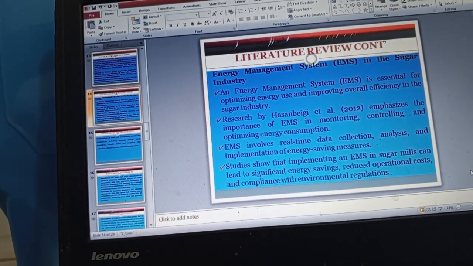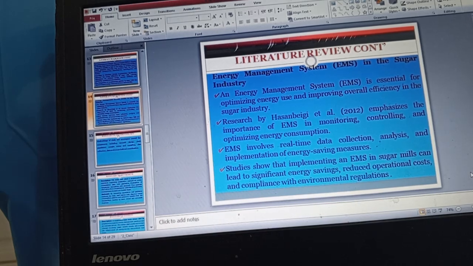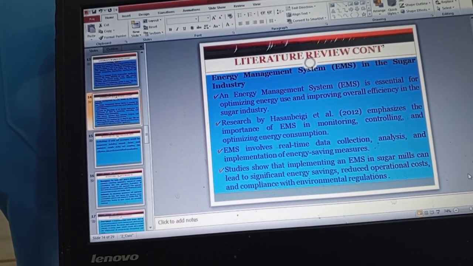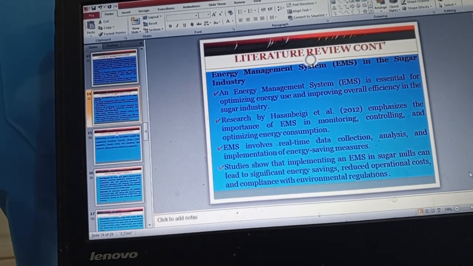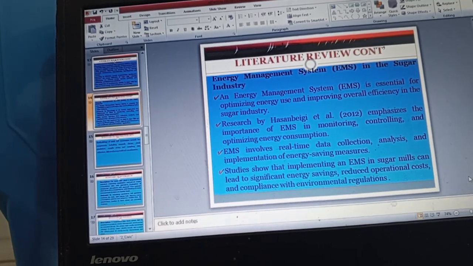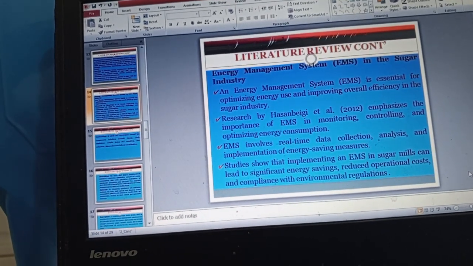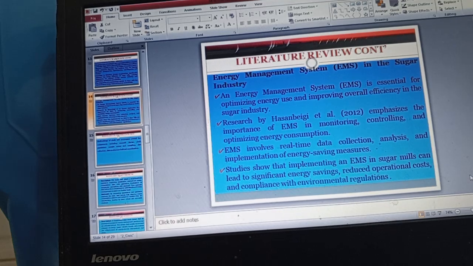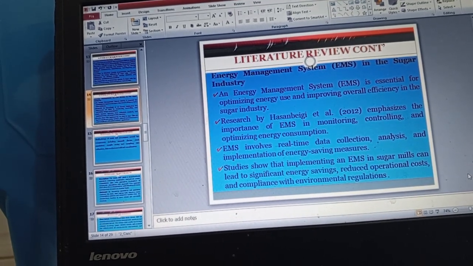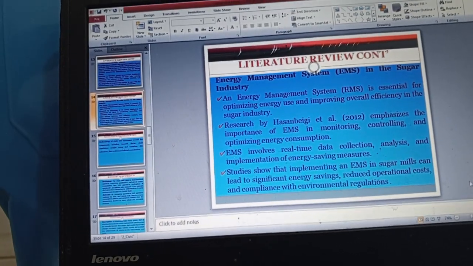The energy management system involves real-time data collection, analysis, and implementation of energy-saving measures. Studies show that implementing an energy management system in sugar mills can lead to significant energy savings, reduced operational costs, and compliance with environmental regulations.